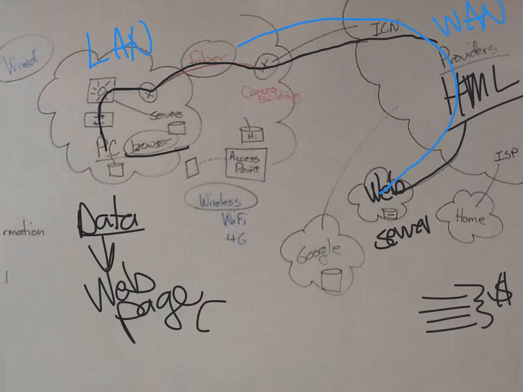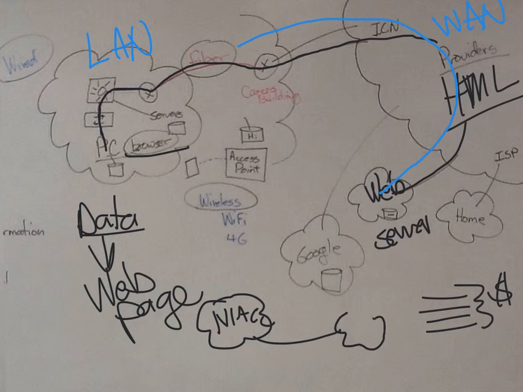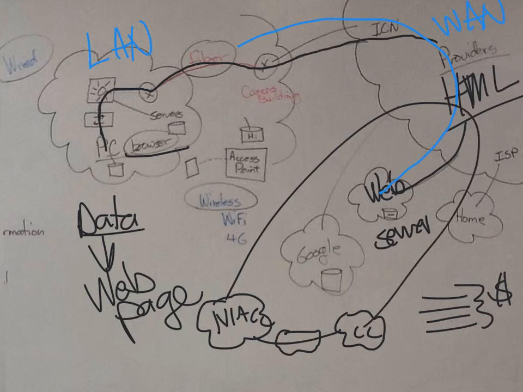You can have a network here at NIACC, and we can pay a provider to connect us to a network, let's say in Charles City. And in between here, we could pay a provider to connect us. A provider would be like AT&T or Sprint or your local phone company and so forth. And there's ways to make this connection through the internet also.